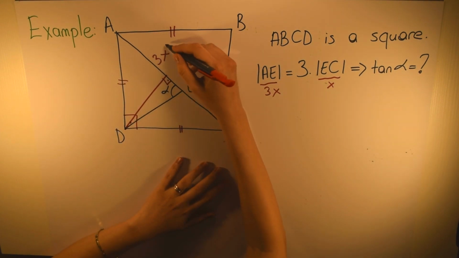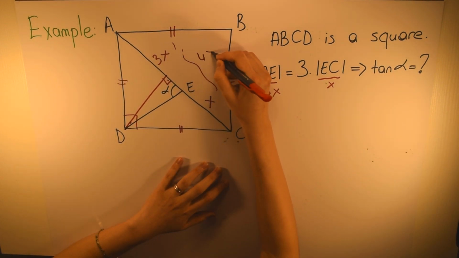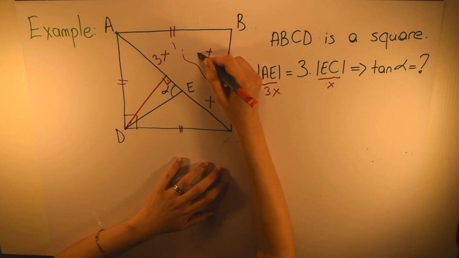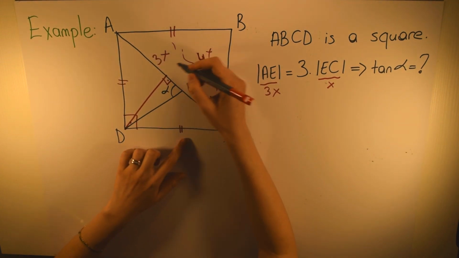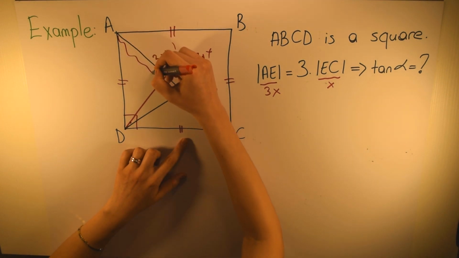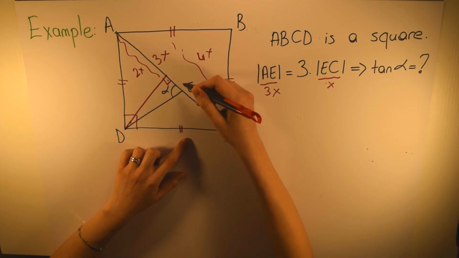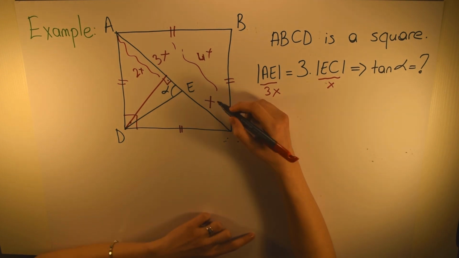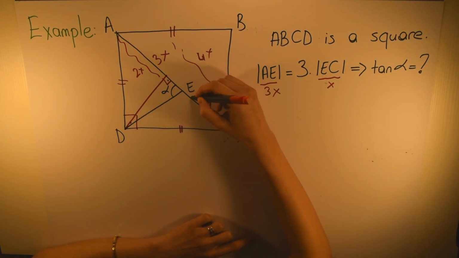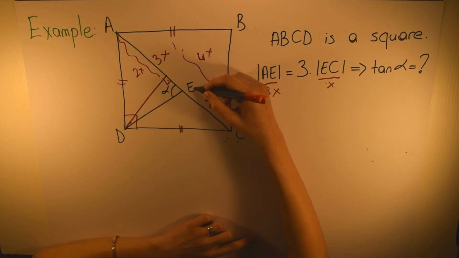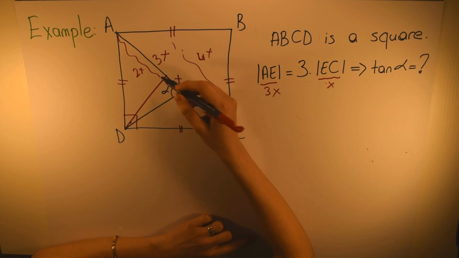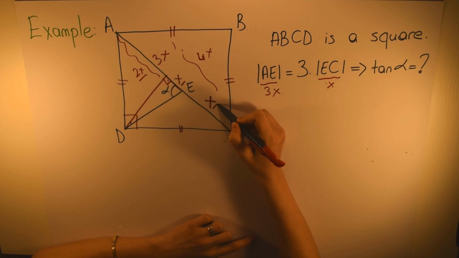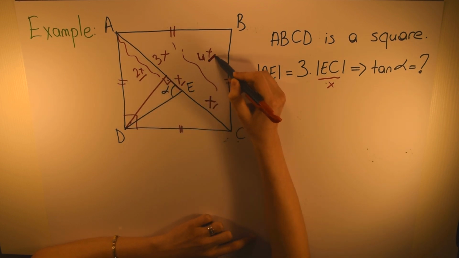Since the total here is 4x, this will split into 2 equal parts, each 2x. Since EC is equal to x, this length here is also x, because this is 2x, x, and x, all equal to 4x.